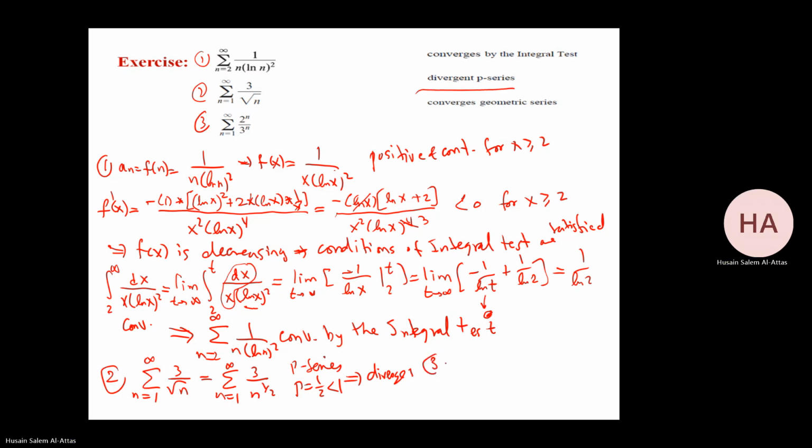Number 3, this summation of 2 to the power n over 3 to the power n, that will be (2 over 3) to the power n, which is what? Geometric, with r equal to 2 over 3, less than 1. So it converges. Okay.